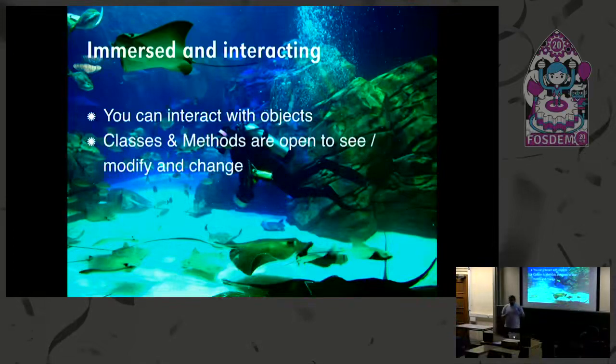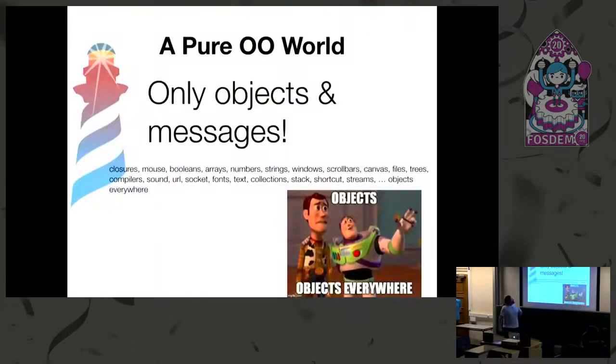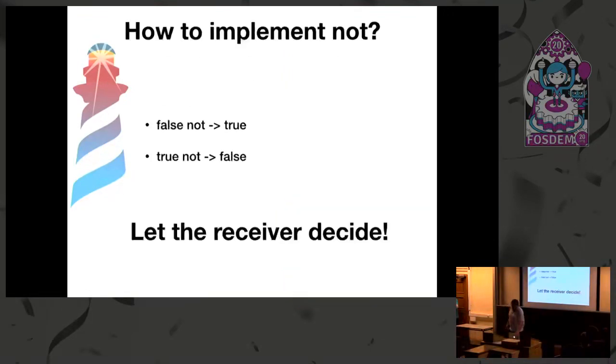You can take a class and inspect it or modify it or send messages to modify it in your program, doing nice reflective things. As I told you before, we only have objects and messages. It's a real pure object-oriented world. And everything that we have in the system is based on objects. And we use polymorphism a lot to implement things.